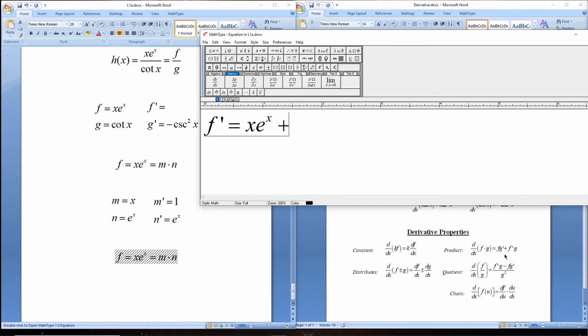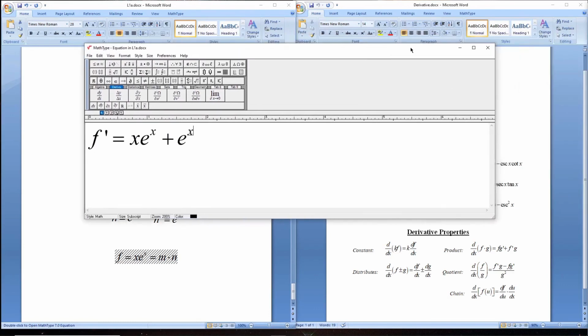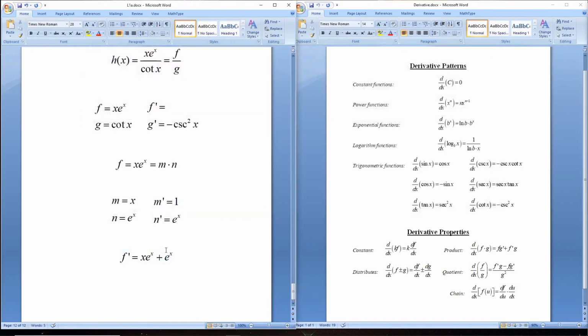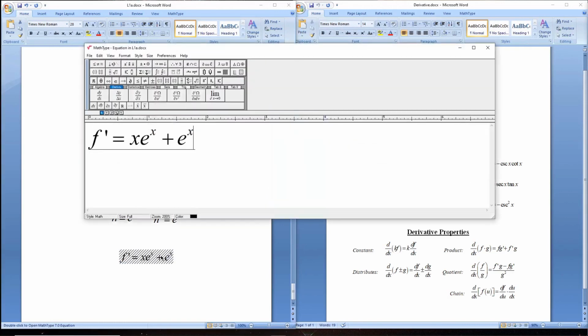And looking at the product, so we add the derivative of m. The derivative of m is 1. And when we multiply that times n, and n is e to the x. And there is our derivative for f.